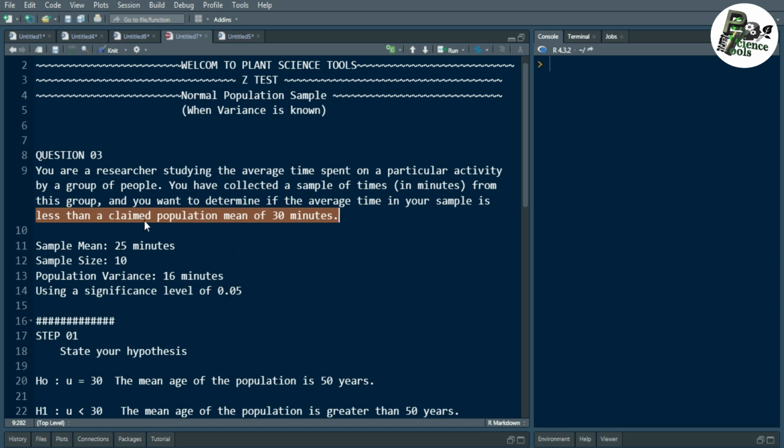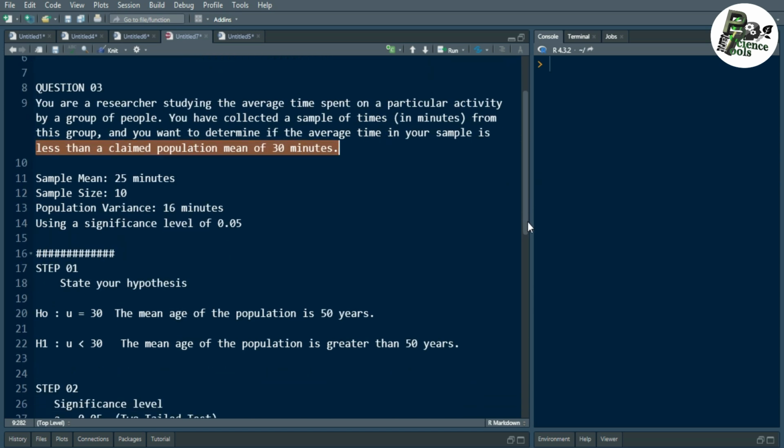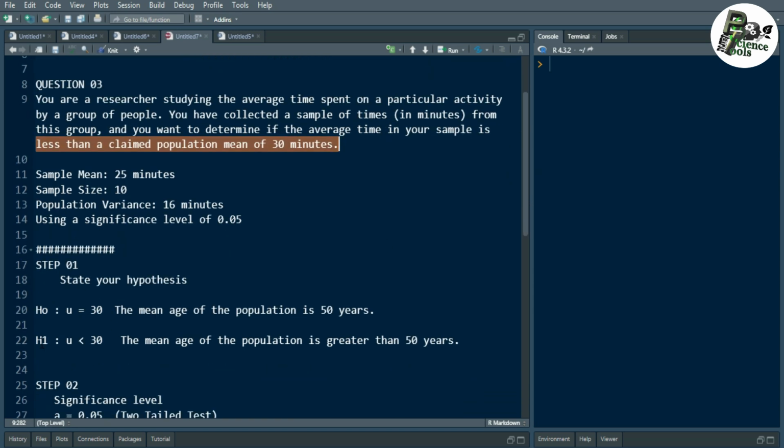In this question we need to focus on the line that the sample is less than a claimed population mean of 30 minutes. According to this line we have to formulate our hypothesis. Our alternate hypothesis should be that the population mean is less than 30.